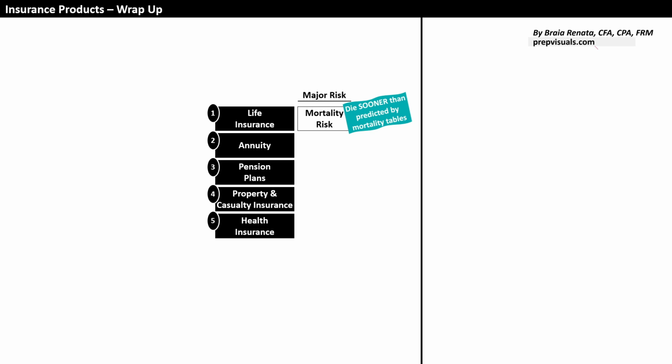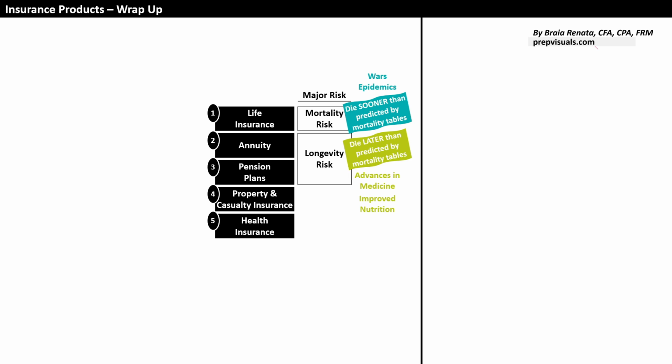In the case of annuities and pension plans, the major risk is longevity risk, meaning to die later than predicted by mortality tables. And needless to say, mortality risk can arise from events such as wars or epidemics. In contrast, longevity risk is mainly driven by advances in medicine or improved nutrition.